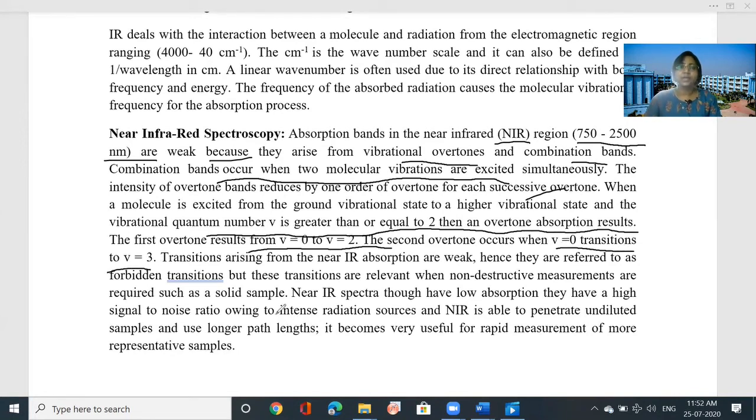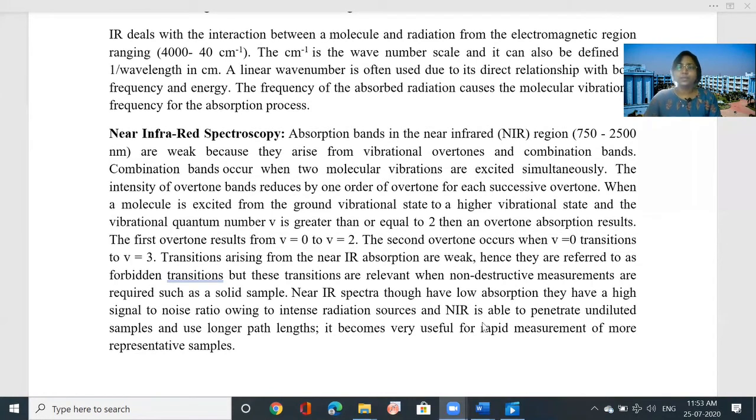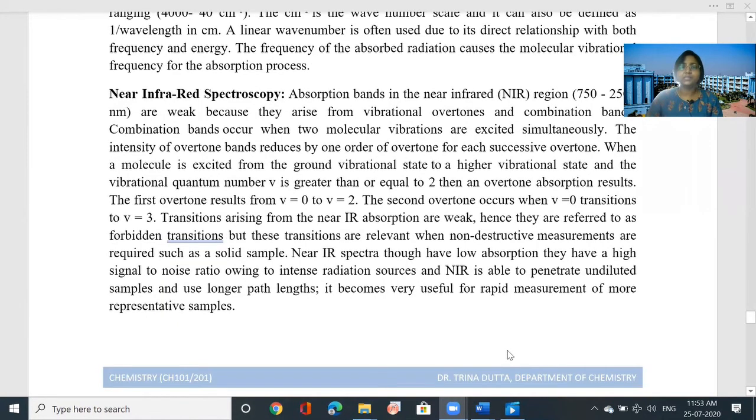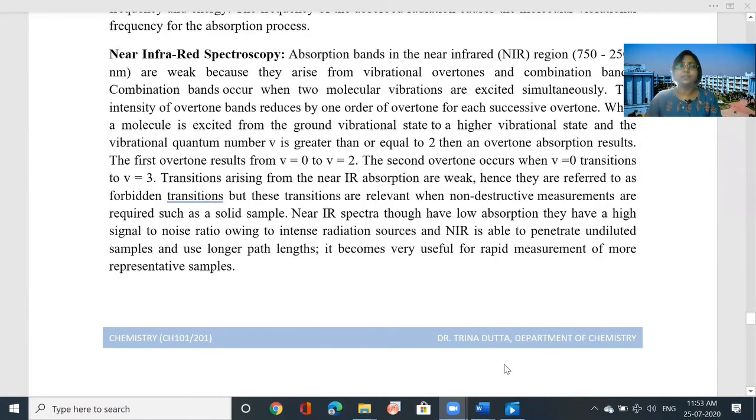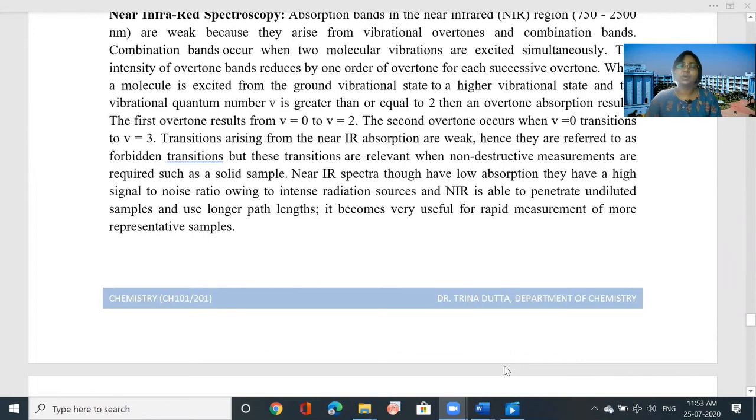Okay, so transitions arising from near IR, that is NIR absorption, are weak. Hence, they are referred to as forbidden transitions. But these transitions are relevant when non-destructive measurements are required, such as for a solid sample.